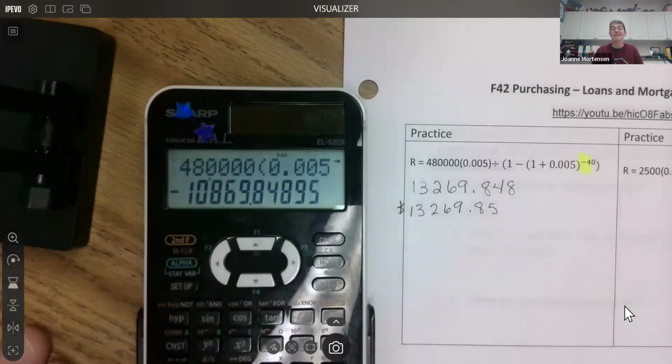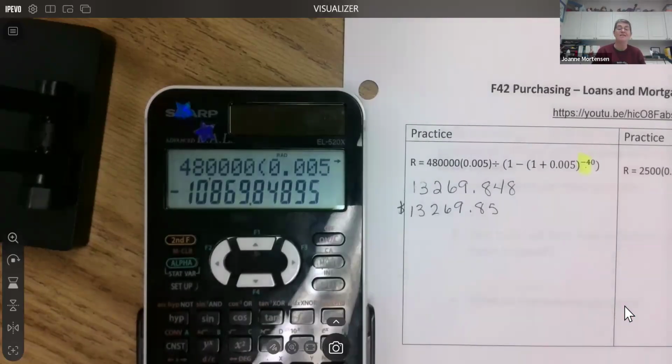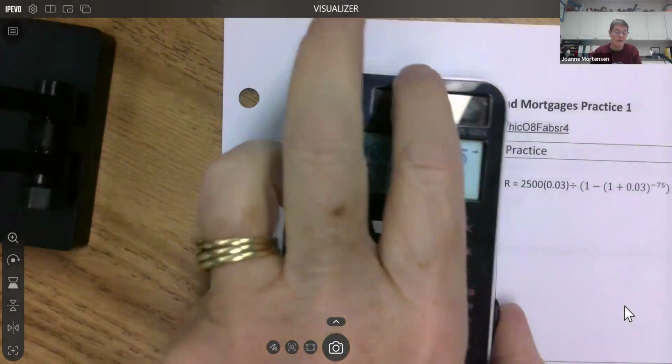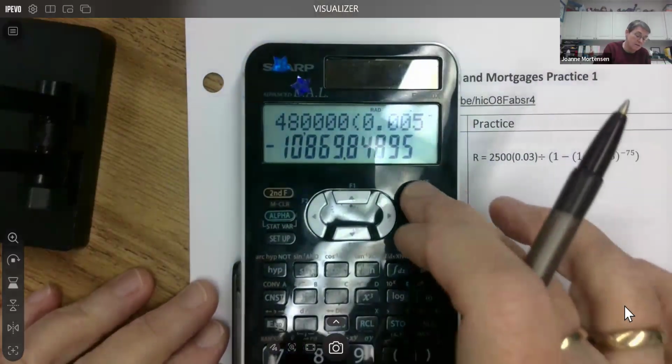So it looks like, my dear friends, if you forget to make this a negative, I just got a wickedly negative answer. So my payments are never going to be minus $10,000 a month. Okay. So if you get a stupid answer, that's probably what you did. And it's okay. Like I said, I've done it lots.